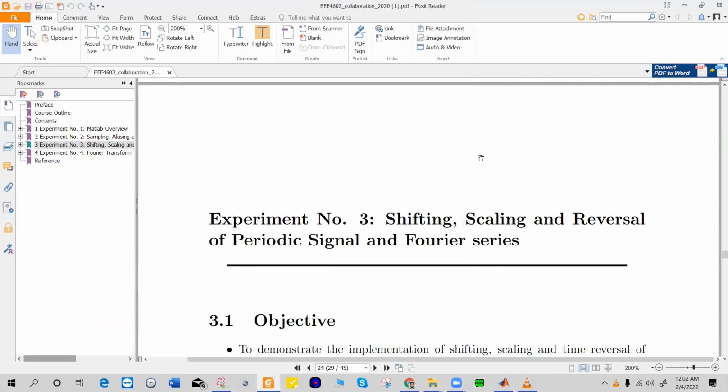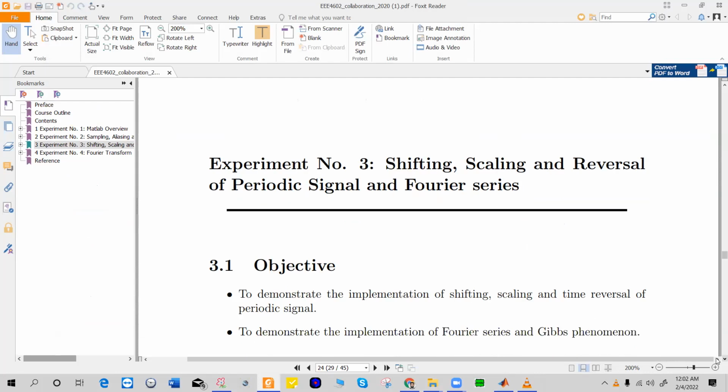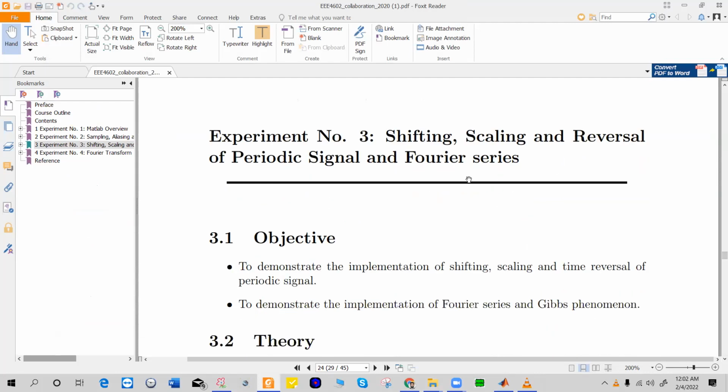The first part of our lab is done. Now, the next part is Fourier series. As you know, we implement Fourier series on periodic signals.